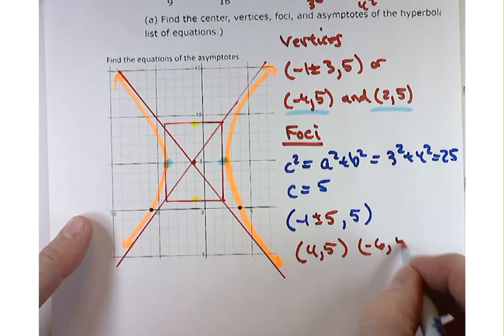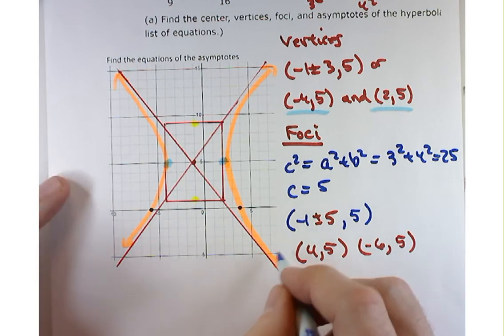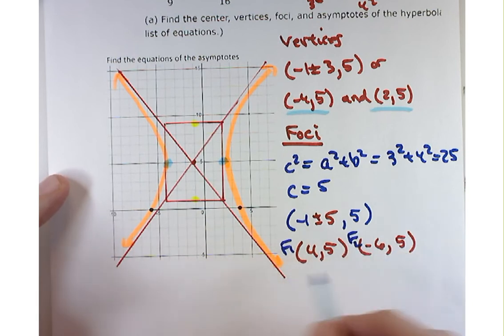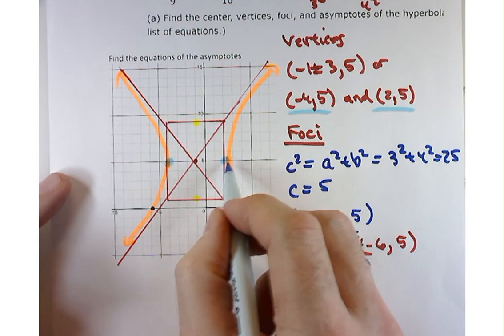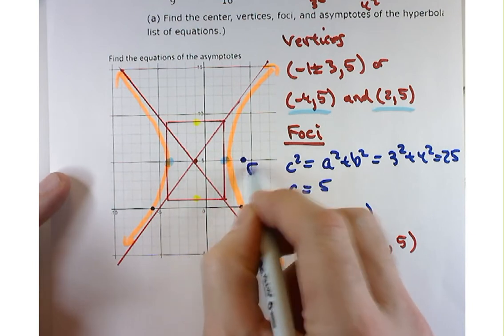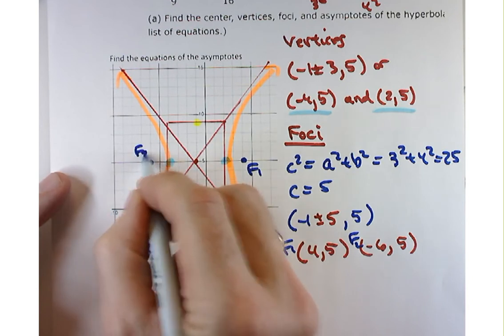So (-6, 5). So we'll call that F1 and F2. So F1, 1, 2, 3, 4. So that's my F1. And then -6 is F2.